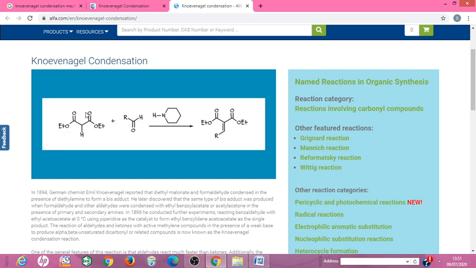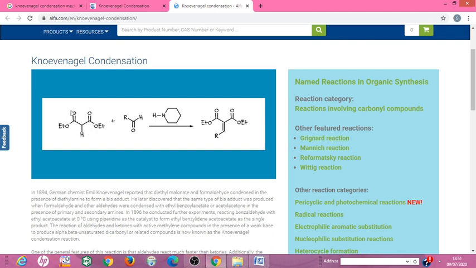First of all, the examples of compounds containing active methylene groups are malonic ester and also acetoacetic ester. All these are examples of compounds containing active methylene group. What is meant by active methylene group? Methylene means CH2. The methylene group which is present neighboring to 2 electron withdrawing groups.